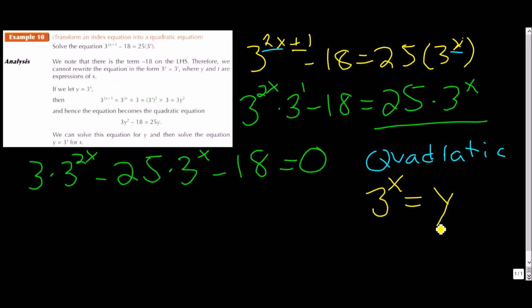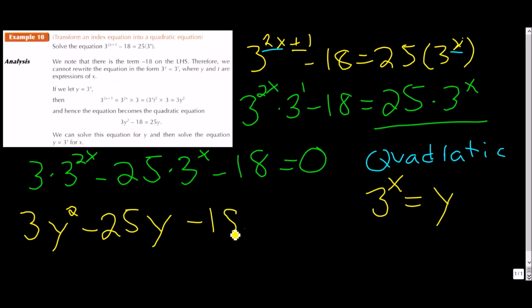I want you to think of this 3 to the x as being some other number. When we square something, we are doubling the exponent. So I can rewrite this as 3y squared minus 25y minus 18 equals 0.